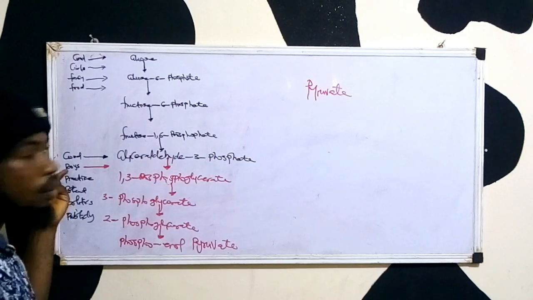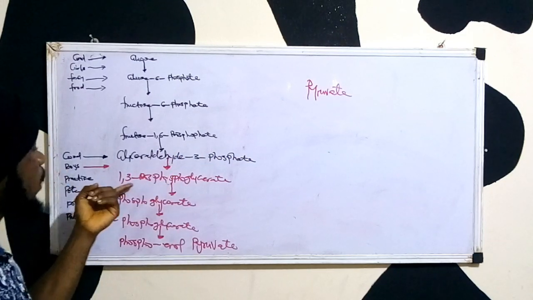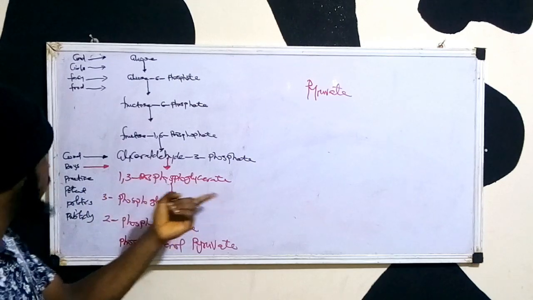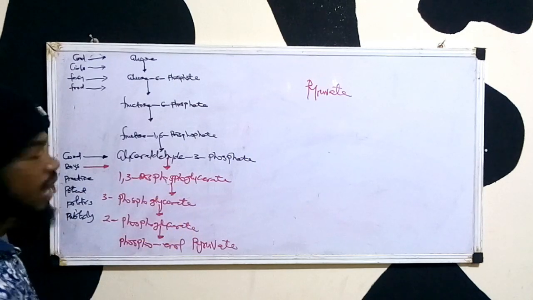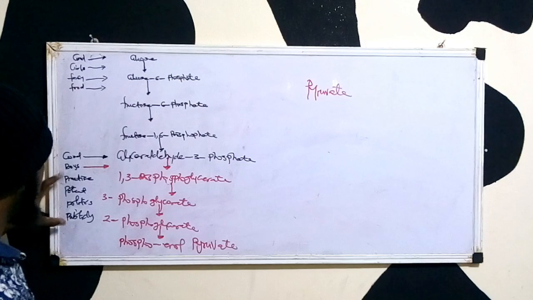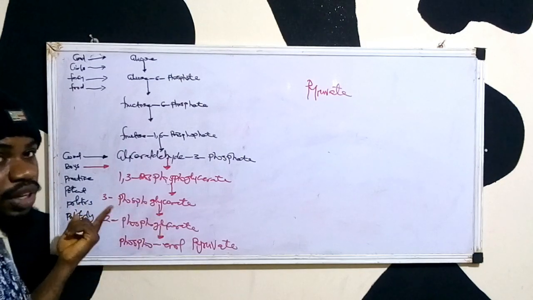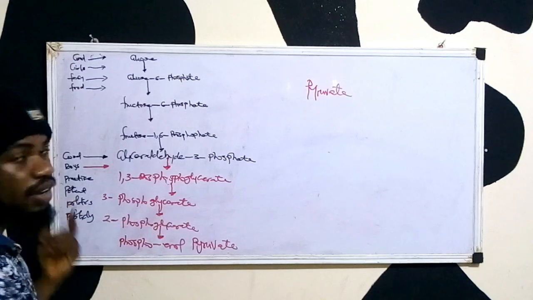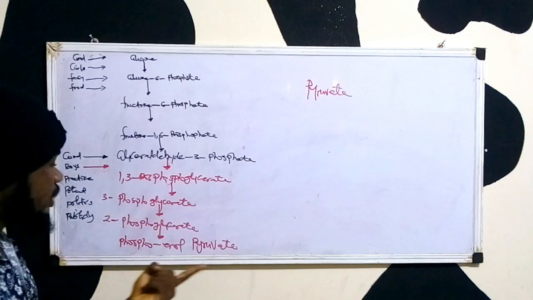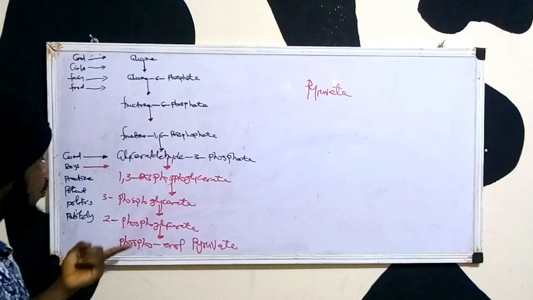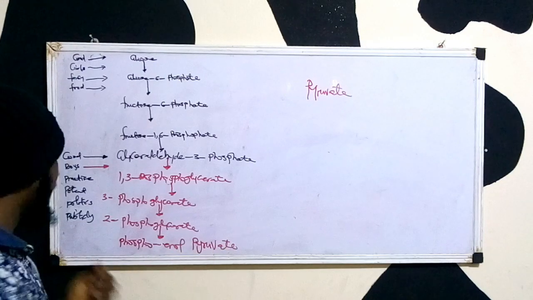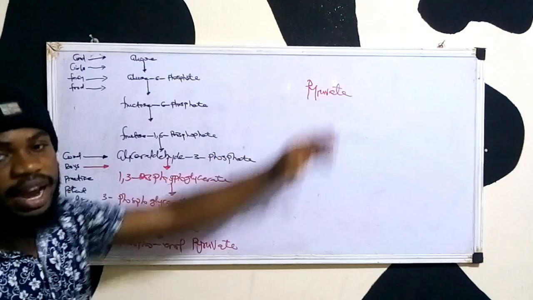The B in boys signifies 1,3-bisphosphoglycerate. While the P, there are 4 P's here. The first signifies 3-phosphoglycerate, the second P signifies 2-phosphoglycerate, the third P signifies phosphoenol pyruvate, and the last P signifies pyruvate.